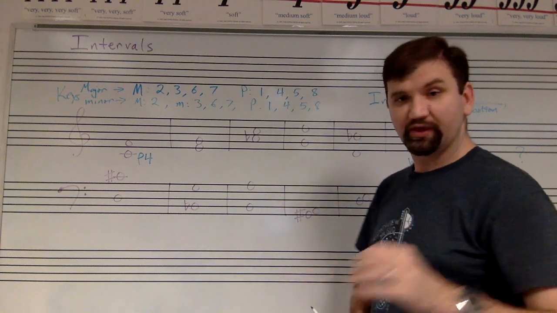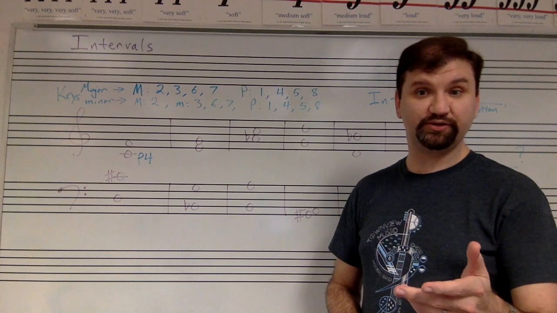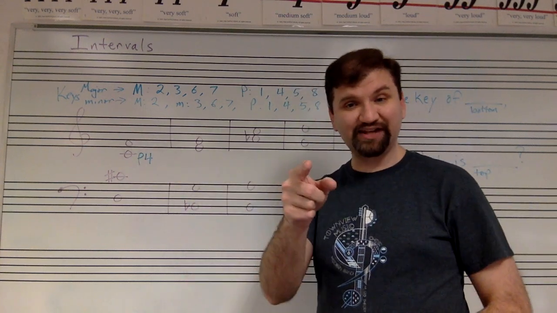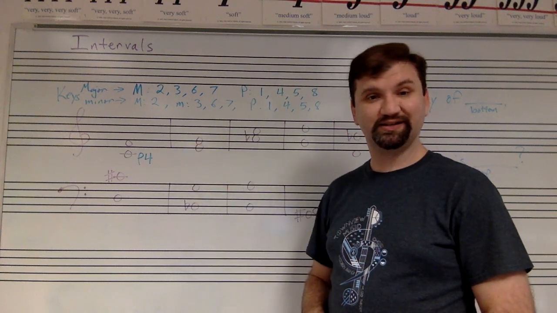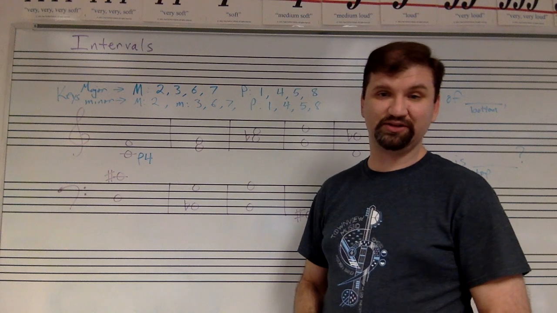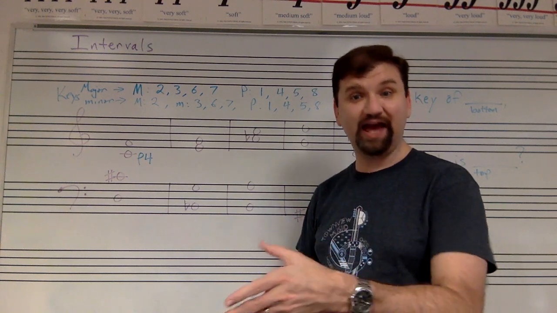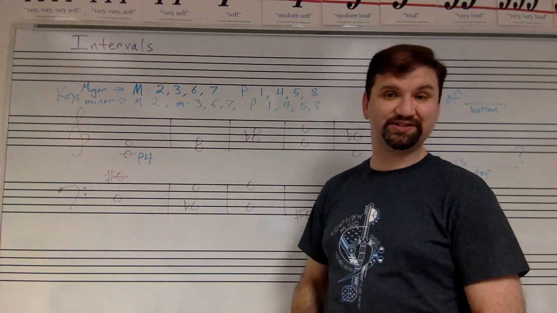We know that C major produces a perfect fourth, because every major key produces a perfect fourth. So if this fourth matches C major, we know it's perfect. Well, it does match C major, because C in C major is natural, and the fourth note F in C major is natural, and those are natural, so it matches.